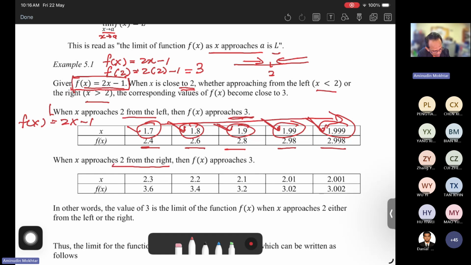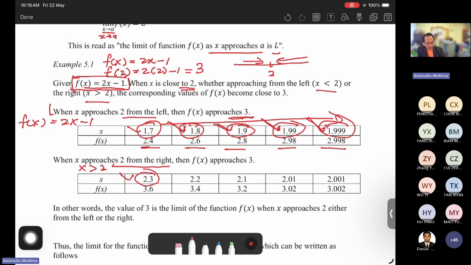From the right means that the value of x must be greater than 2. Let's say I choose these numbers. You can start with 3, 2.9, 2.8, 2.7, 2.6, 2.4, and so on. I start with 2.3. As you can see here, when x equals 2.3, y is 3.6.